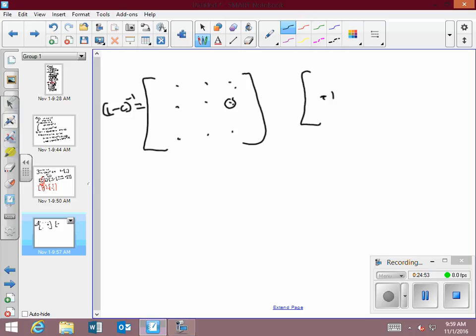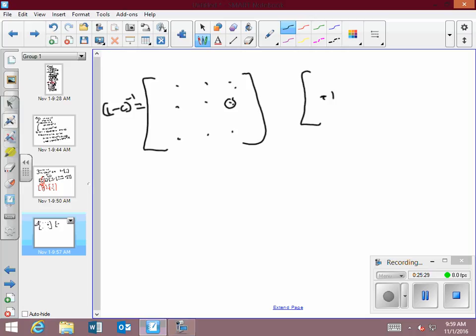A subspace is any H that has the properties: the zero vector has to be in H, U plus V has to be in H, and the scalar multiple times U has to be in H. They say the best way to visualize that is a plane through the origin, because the zero vector has to be in there.